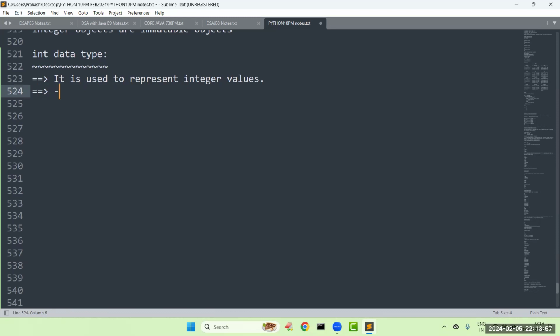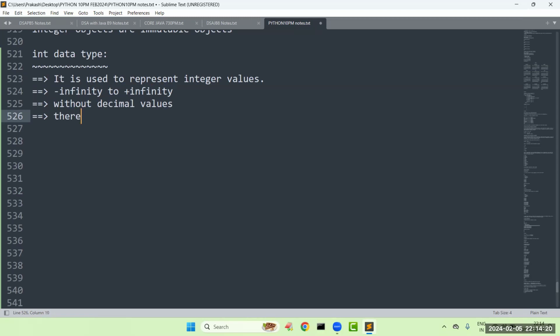What are the values it is going to take? Minus infinity to plus infinity. It is nothing but values without decimals. If you want to store any data without decimal values, then we have to go for the integer data type.